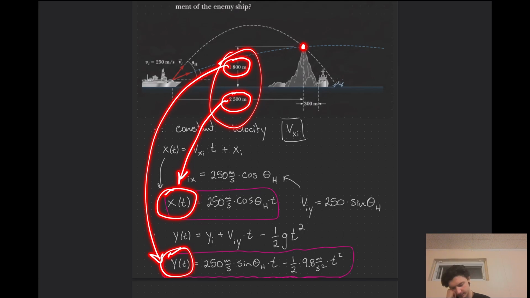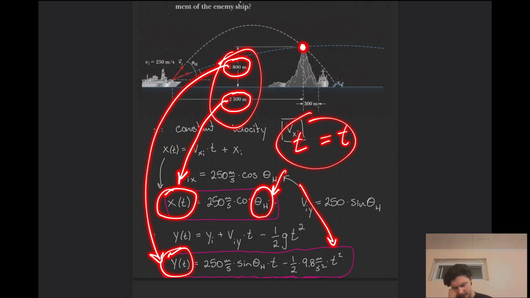Or, well, I guess time is also equal here. Time equals time. So from this equation, the t equals here because it's at this point at the same time, right? It's at this x coordinate and this y coordinate at the same time. So I guess if we have everything here, the only unknown is theta h. Theta h, and yeah, we have t.